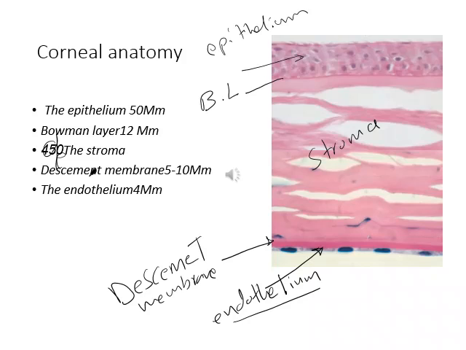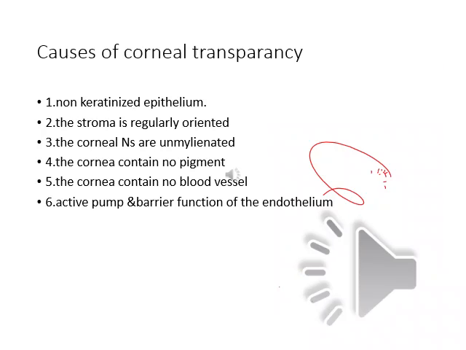Why? It can pump excess fluid out of the stroma. And if this endothelial layer gets injured, corneal edema can develop. This slide shows causes of corneal transparency.